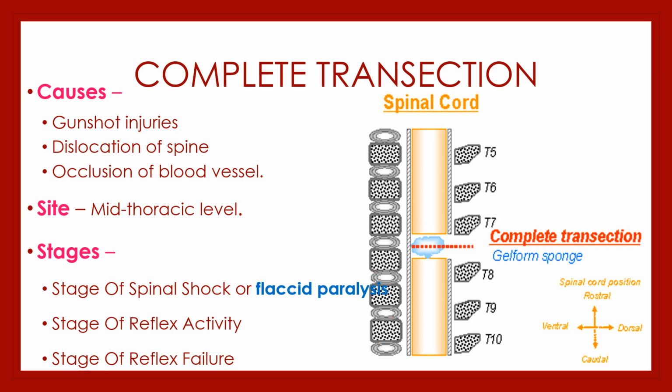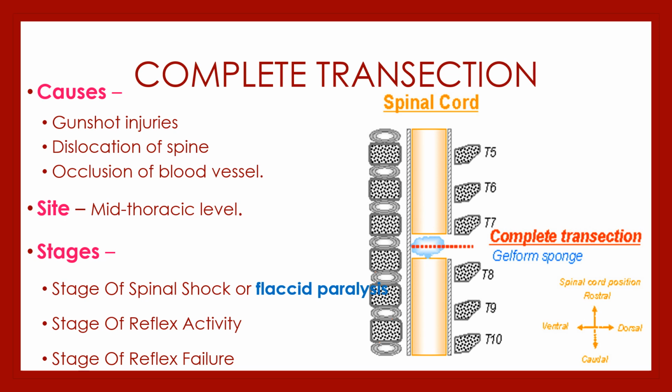The common causes of complete transection of the spinal cord are gunshot injuries, dislocation of the spine, and occlusion of blood vessels. The common site of involvement is at the level of the mid thorax.